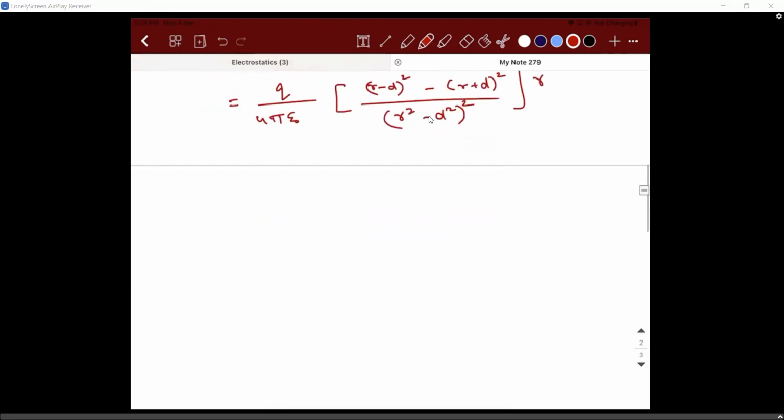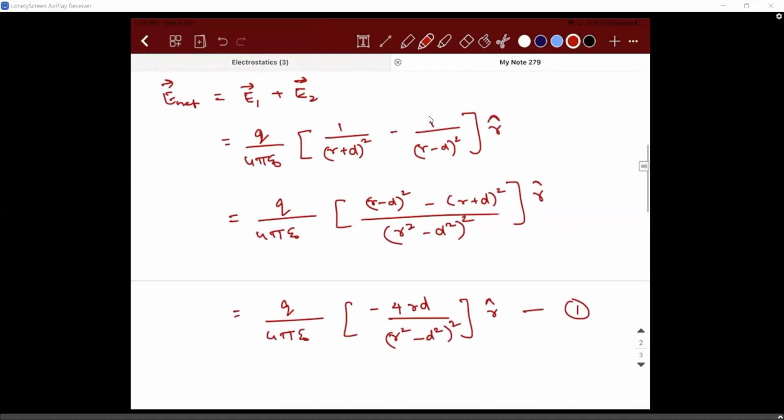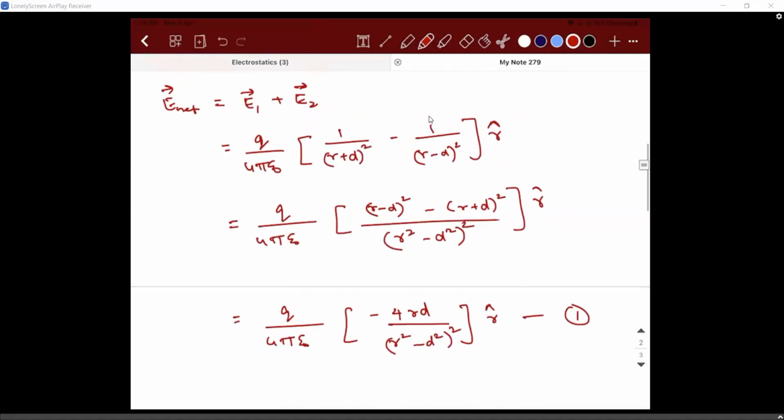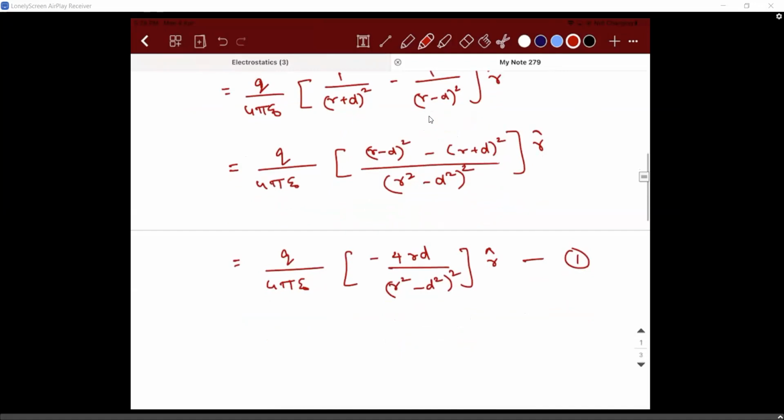So Q divided by 4 pi epsilon naught into minus 4 into R into D, the whole divided by (R square minus D square) the whole square times R cap. Let me call this as equation number 1. So I would suggest write it down parallel, for the space is less.